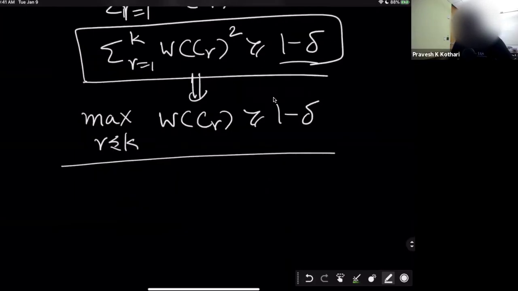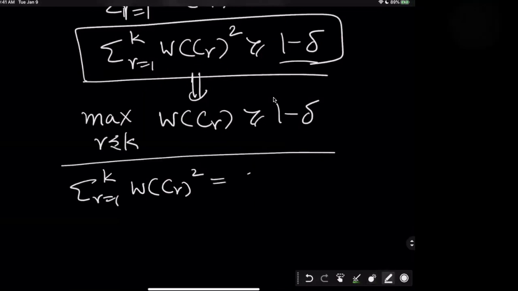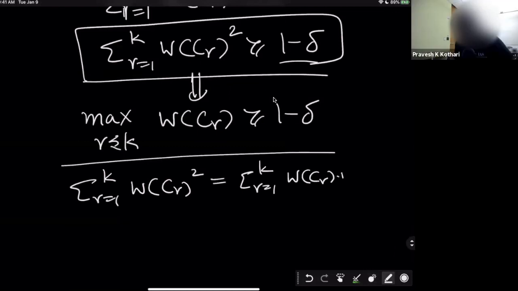Okay, it's only slightly confusing, so let me just quickly do it. So look at this quantity WCR square. Write it as WCR times WCR. Big difference there.